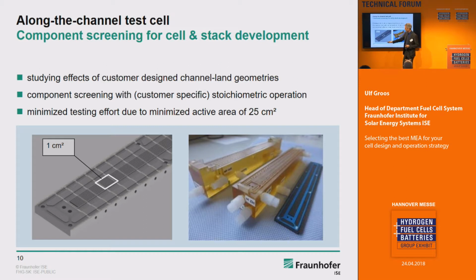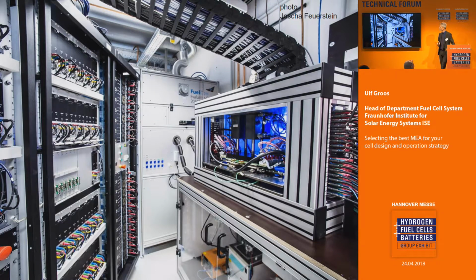What you see is that we did a segmentation, so we have an electrical isolation of 25 segments. Each segment of the active area is 1 square centimeter. You can do it, but you don't have to do this segmentation. But if you do this segmentation, you can really look at the local effects.